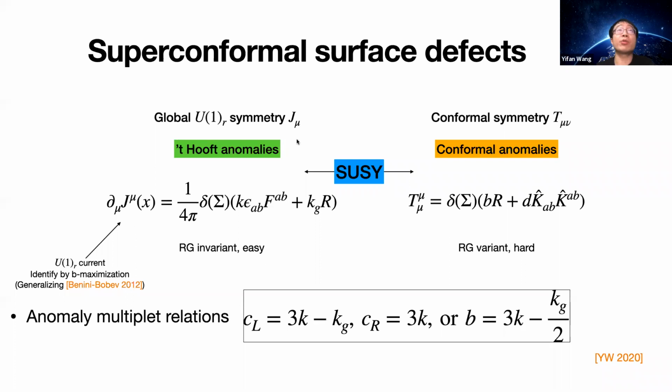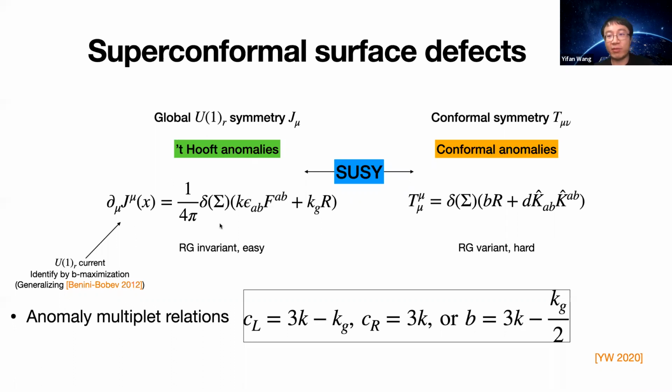And this U(1)_R symmetry current, which lives in D dimensions, emphasize again, is related by the preserved supercharge to the D-dimensional stress tensor. So correspondingly, the defect conformal anomalies associated with the stress tensor, the trace, is related by supersymmetry to the 't Hooft anomalies. Okay.